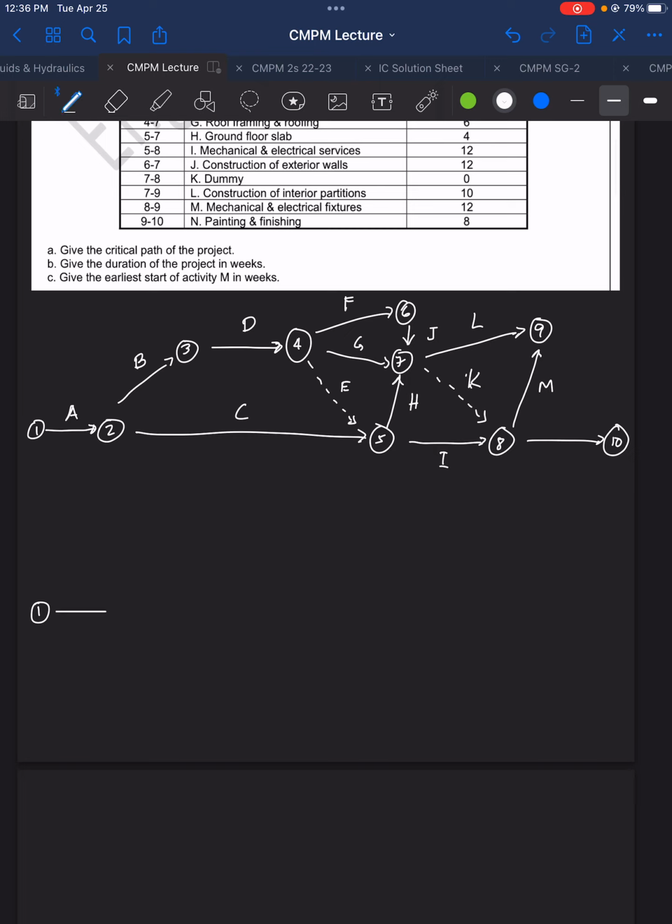So this is for activity A. Then activity B branches out here. Then activity D. Then this is activity C. We'll just put it right here.